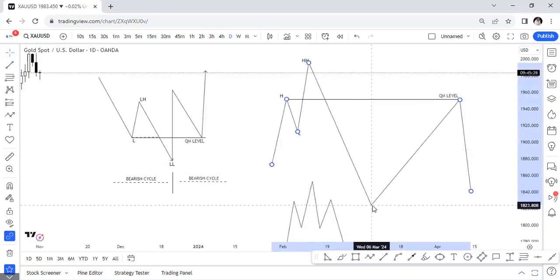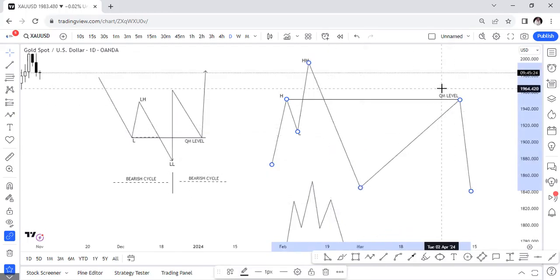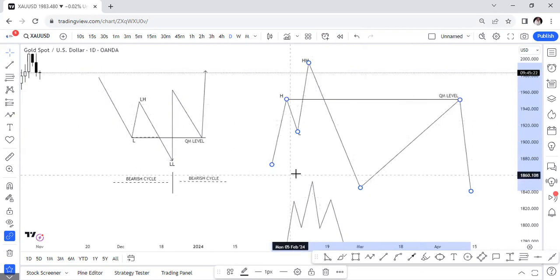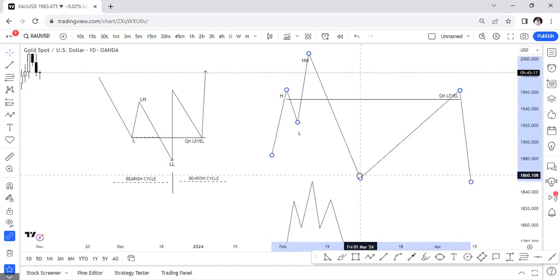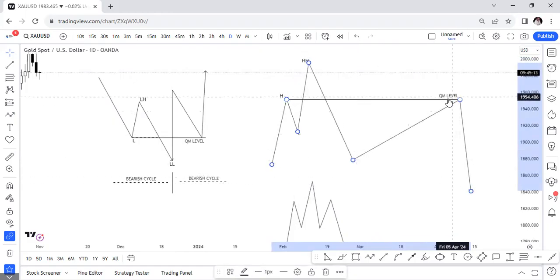This level could go down something like this, but it will then go up. So Quasimodo comes in different ranges and different varieties.